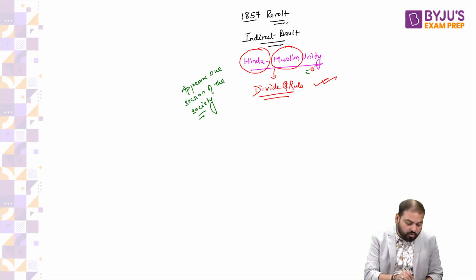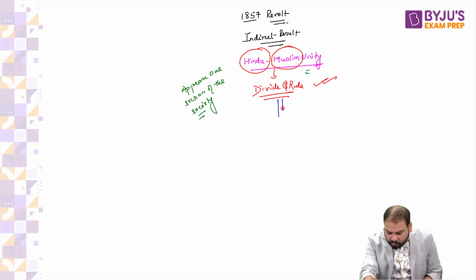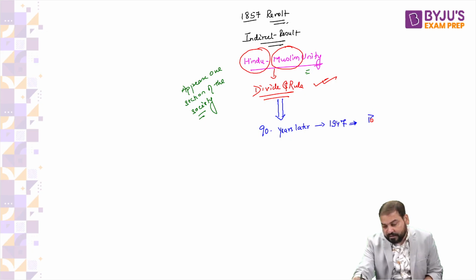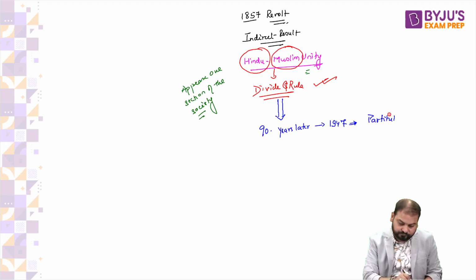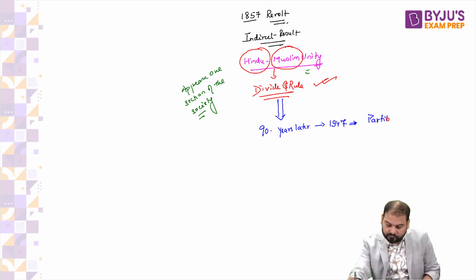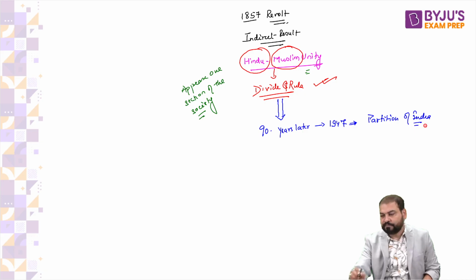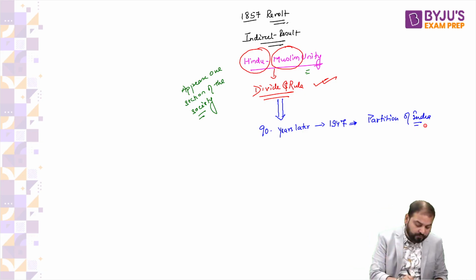As you all know, this divide and rule ultimately, 90 years later, in 1947, led to the partition of India.